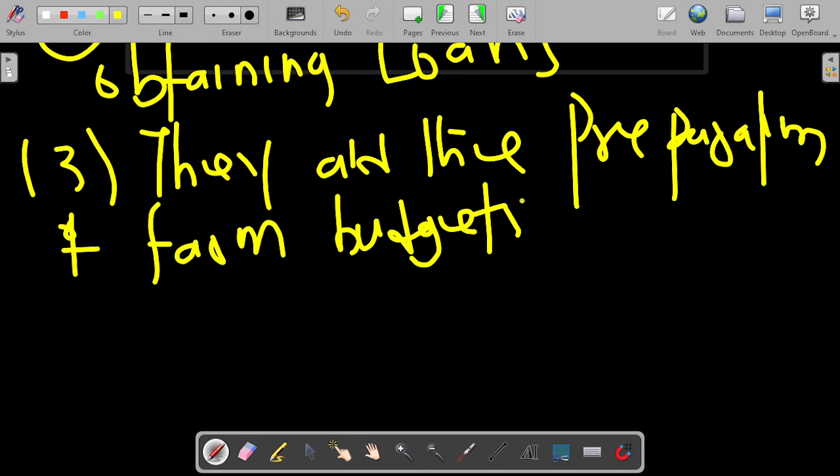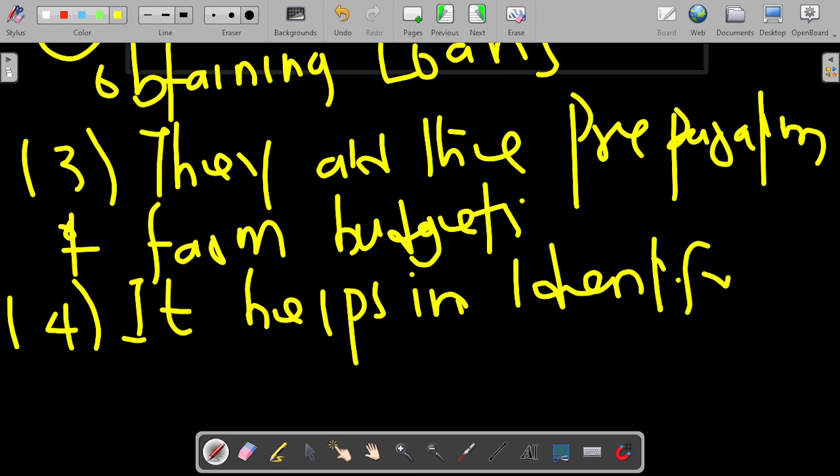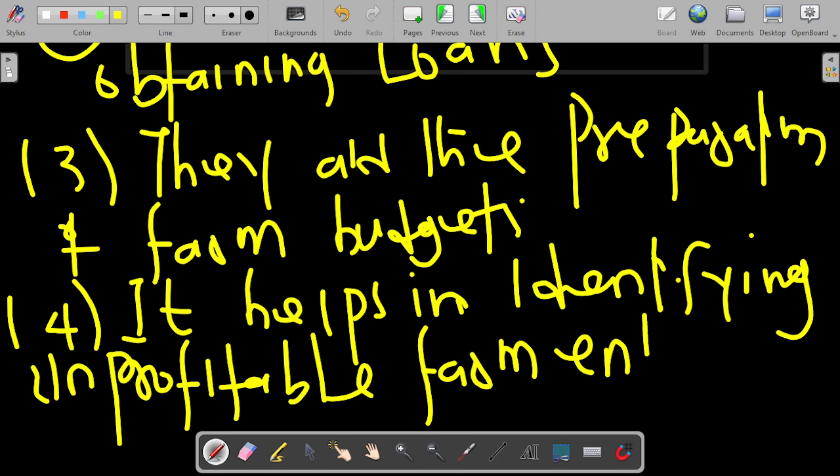Then number 4, it helps in identifying unprofitable farm enterprises.